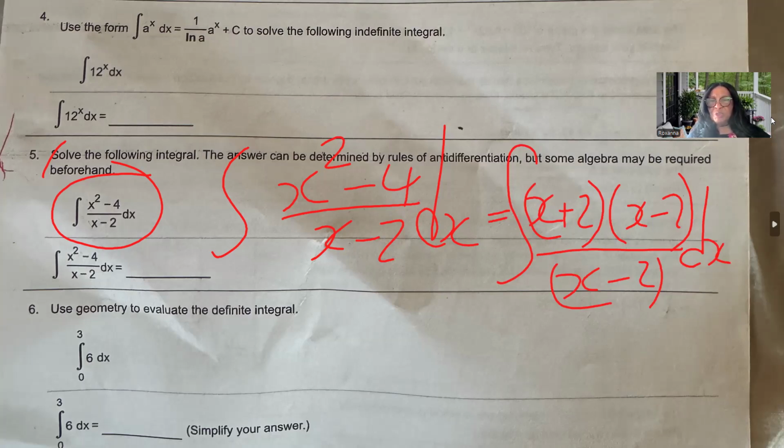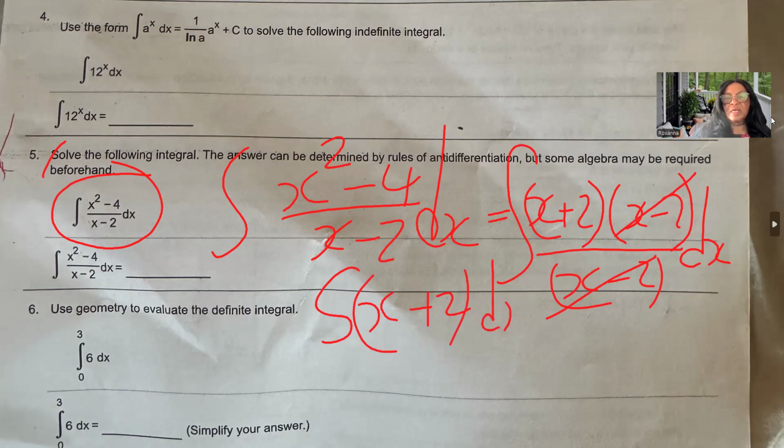It gives you some points to show that you know you have to simplify algebraically. Then there are things common, cancel what is common. Then you bring down the remainder. So you are now integrating the remainder, dx.